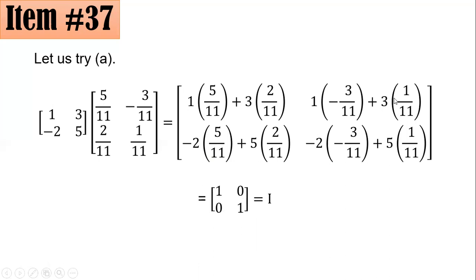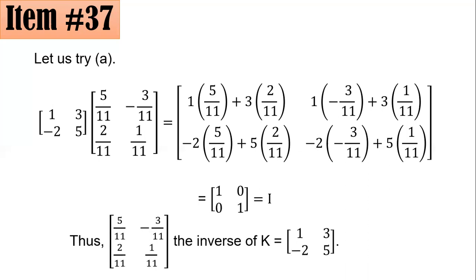-3/11 plus 3/11 will become 0 here. And lastly, the product of this is 6/11 plus 5/11, which is 11 over 11 or 1. And if you could see, indeed, you have the identity matrix.